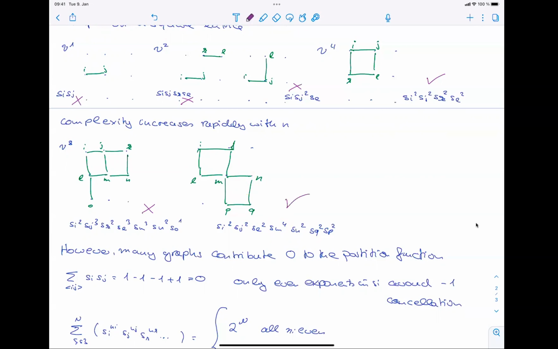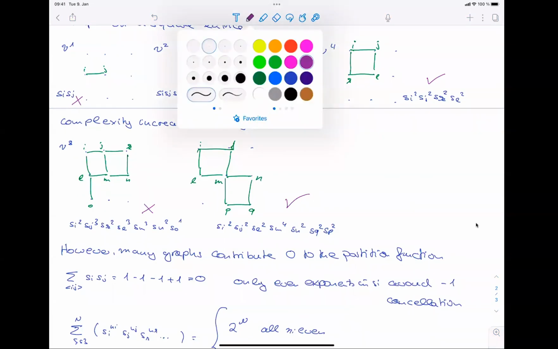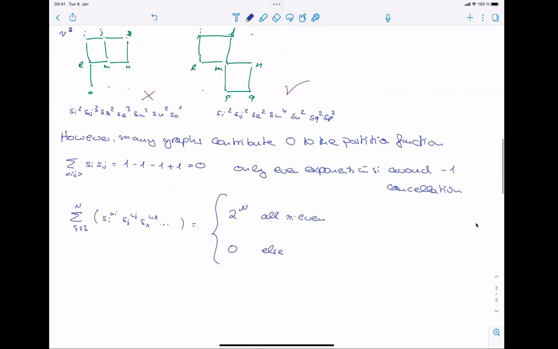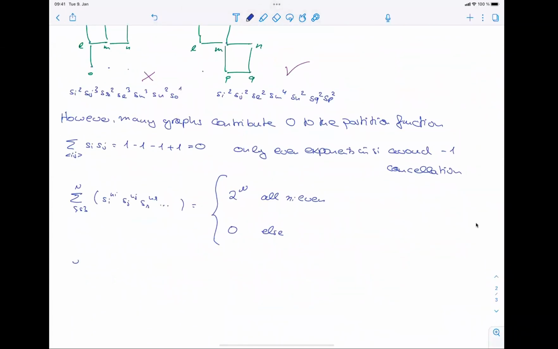And so we learned that those graphs actually contribute where I have loops. So to get these even numbers, I'm looking for graphs that are closed loops.